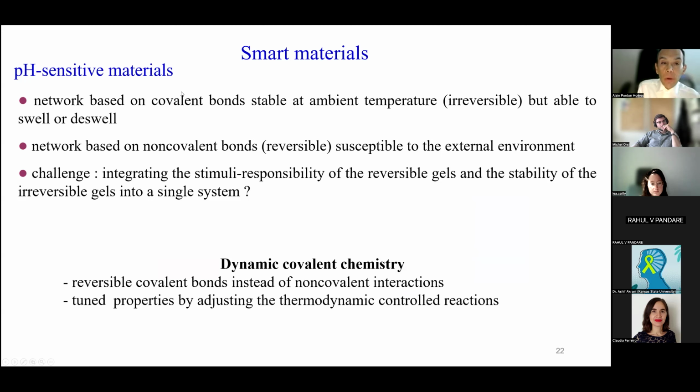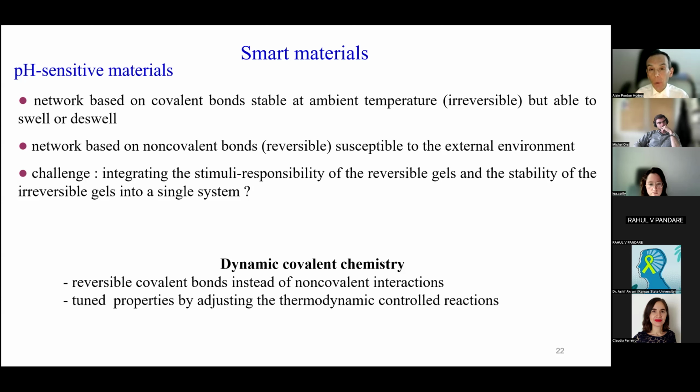In case of a polymer, you have covalent bonds, or you also have polymer chains which are cross-linked by non-covalent bonds, by low energy interactions, such as hydrogen bonds or dipolar interaction.